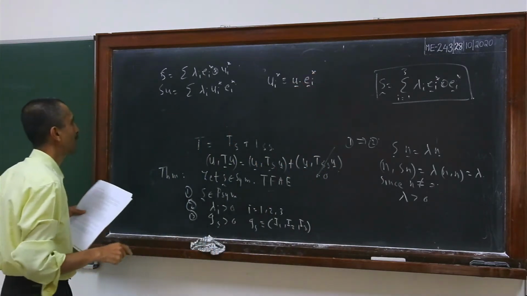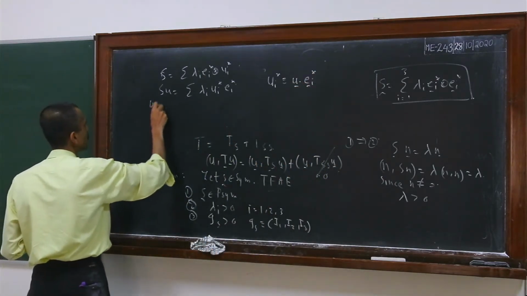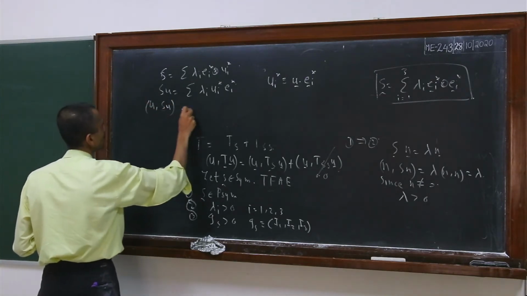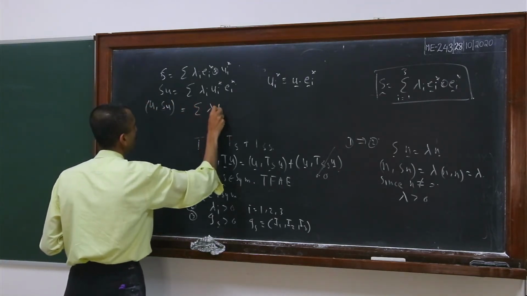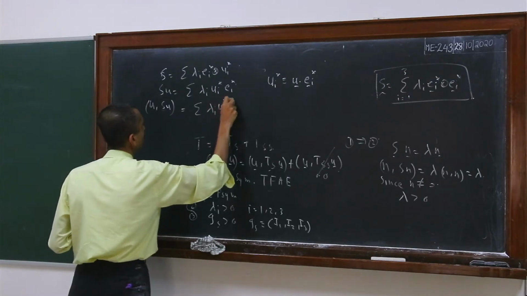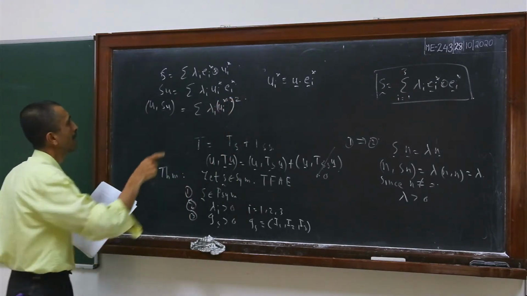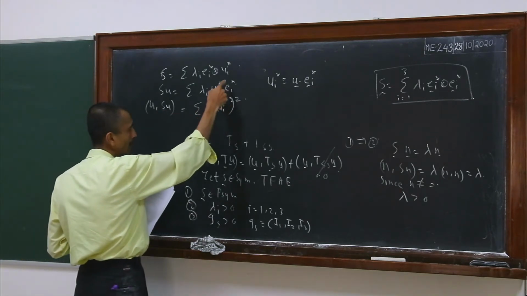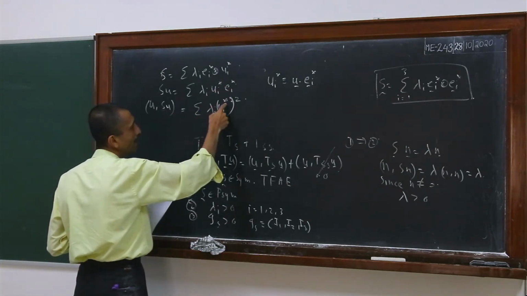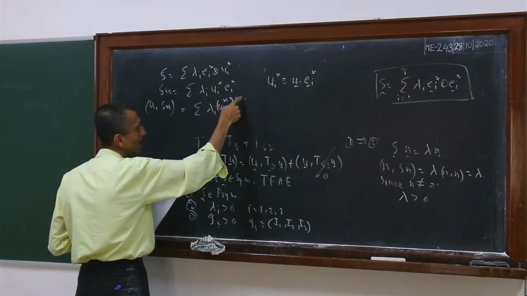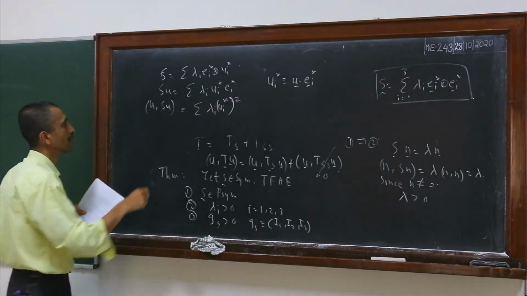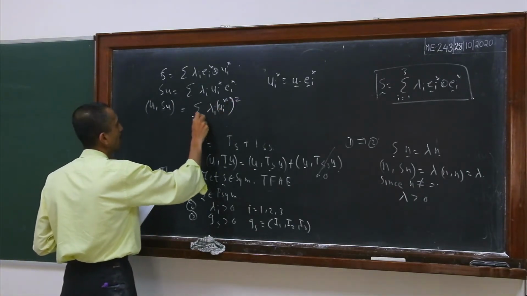From this, if I take the inner product with u, u comma Su is equal to the summation of lambda_i u_i star the whole square, because u comma e_i star is again u_i star. And this is i ranging from 1 to 3.